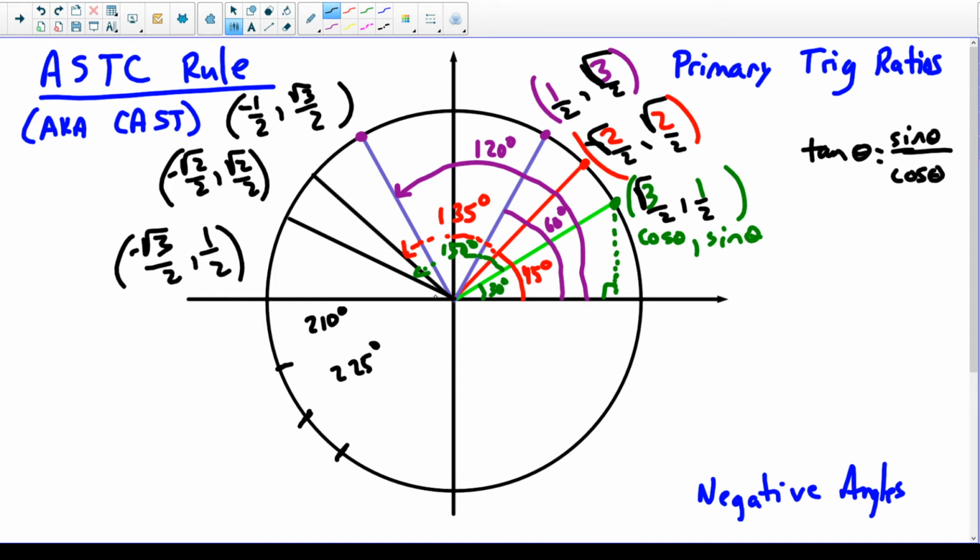And we'd have 180 plus 60, which is 240, if I'm not mistaken. And I now know the values of those angles as well. They're just the exact same numbers as the ones over here, but both of them are negative.